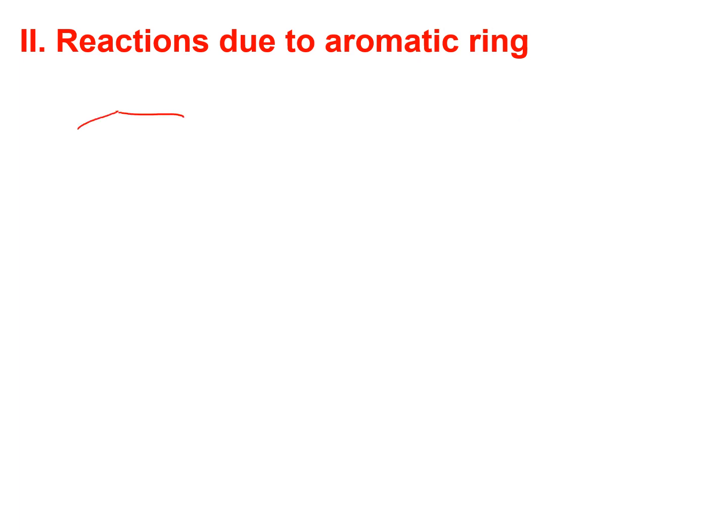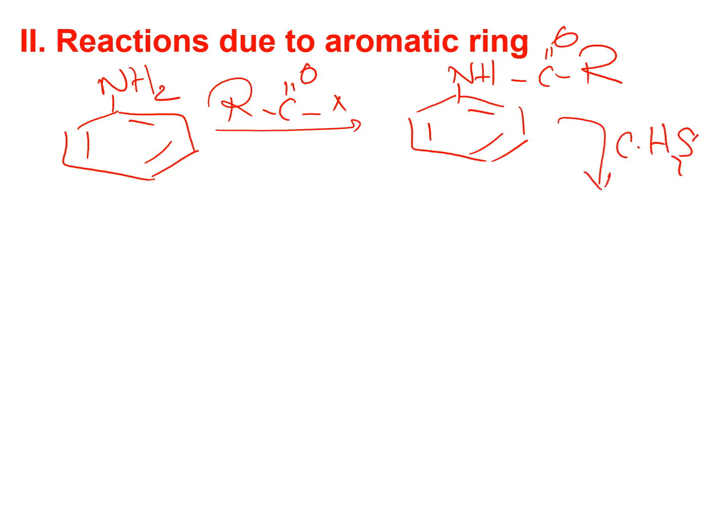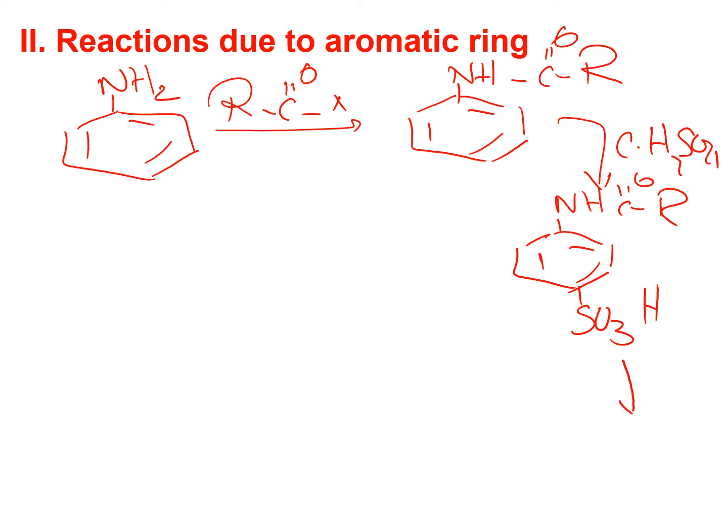So if we're actually starting with an amino group, then we were targeting the ortho or the para. You have one of two solutions. It's either you acylate, like you did in case of nitration and halogenation, you acylate your compound, and then you sulfonate your compound, and then perform a hydrolysis step, which are too many steps.